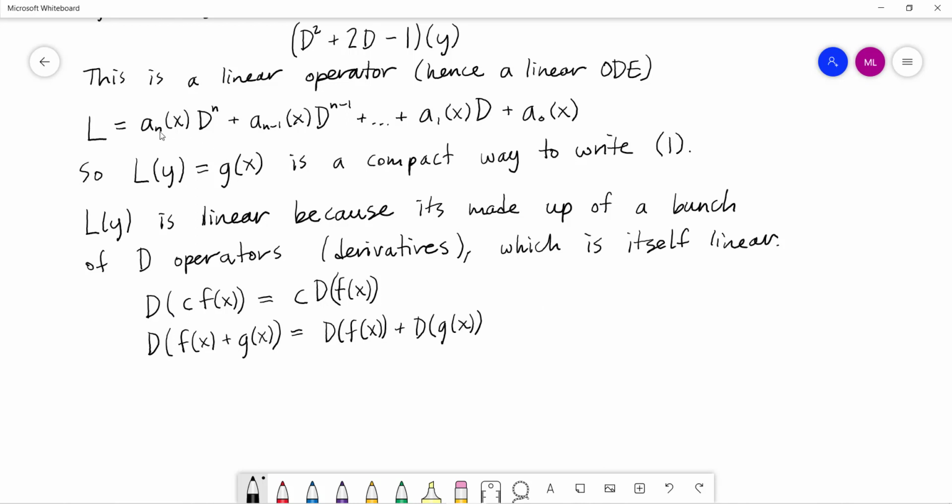So basically, if there was a constant that showed up in y, you could pull it out of the whole thing. If we wanted to apply this operator to the sum of two separate functions, we could absolutely break it up and write it separately as the sum of these two separate pieces. This is going to be important because we're going to use that property in just a few minutes.